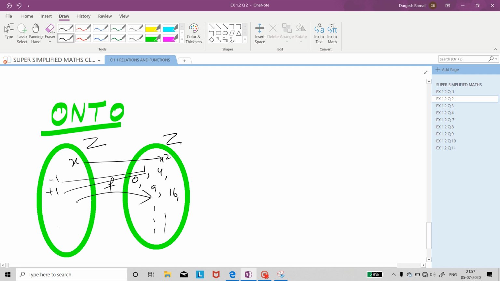So we are getting only the perfect squares as range. What is the range of this function? The range of this function is 1, 4, 9, 16, of course 0 also, and so on.